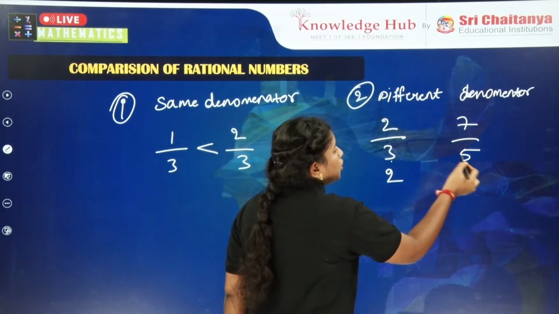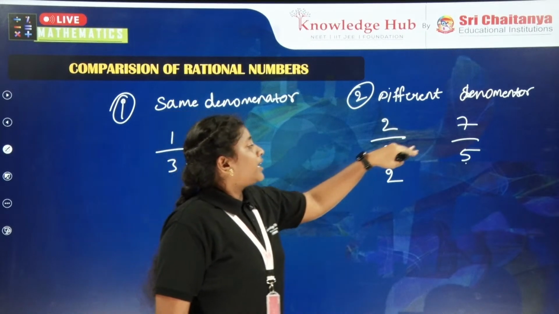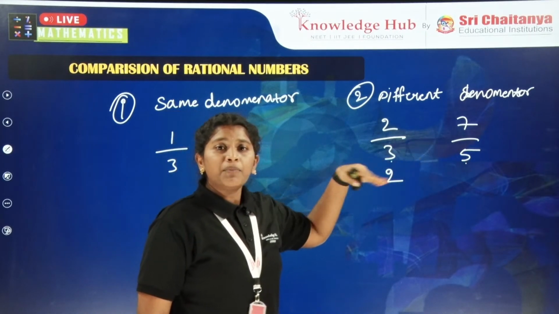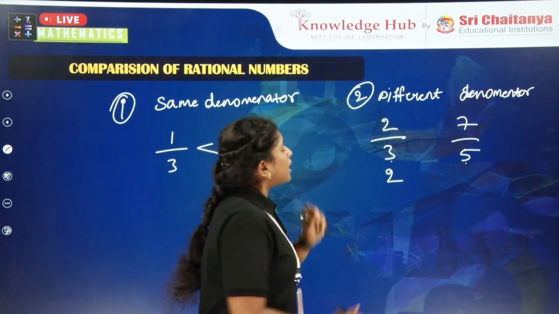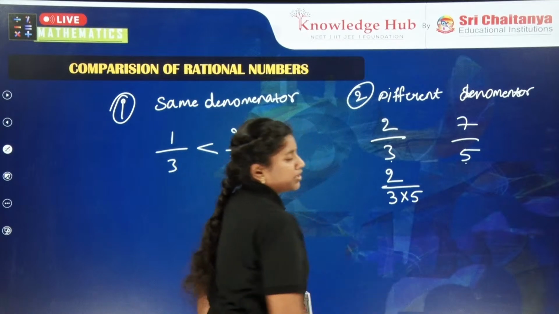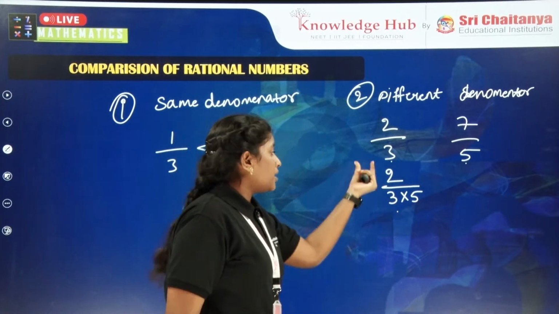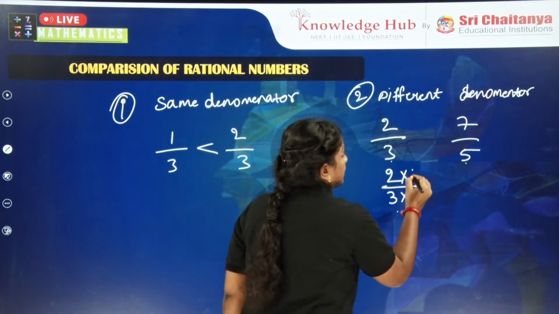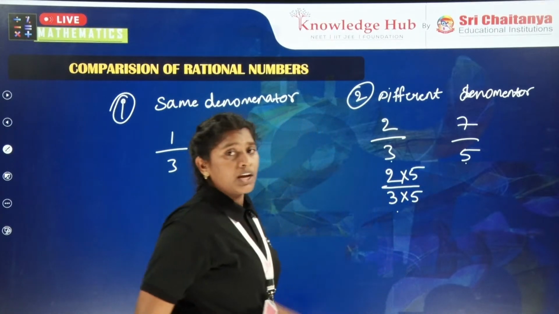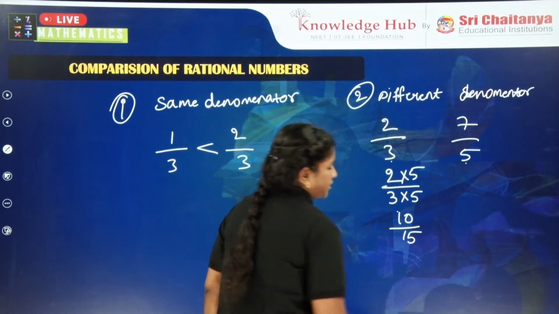To make the denominator the same, we take the LCM of 3 and 5. 3 into 5 will become 15. In order to convert the 3 into 15, I have to multiply by 5. As we are multiplying the denominator by 5, we have to multiply the numerator by 5. So 2 into 5 will be 10 and 3 into 5 will be 15.